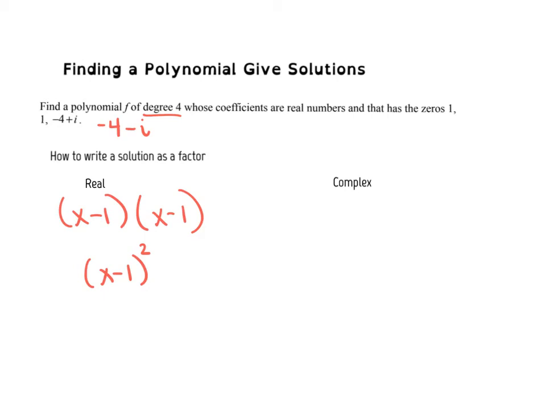Now, the complex part, you're doing the exact same thing. Because when we write a solution as a factor, if k is a solution, then x minus k is a factor.